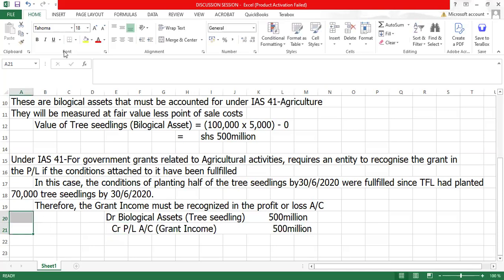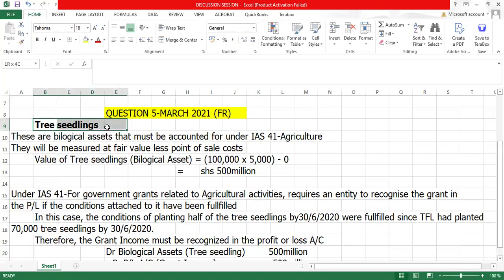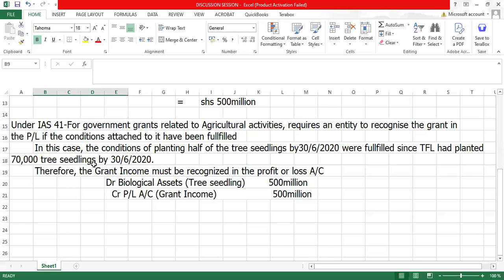So that's all about tree seedlings. When you're doing your extracts, this one will appear in the balance sheet, and this one will appear in your income statement.